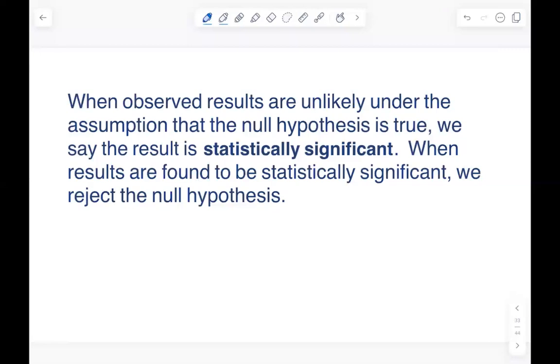If it is less than alpha, less than 5%, or whatever our alpha is, it is called statistically significant. Don't worry, you're not going to be asked to reiterate that word, but that's what it means. If the results are statistically significant, then we reject the null hypothesis. So if the probability of something happening is less than alpha, then it is statistically significant, and we're going to reject the null hypothesis. So that alpha becomes very important.